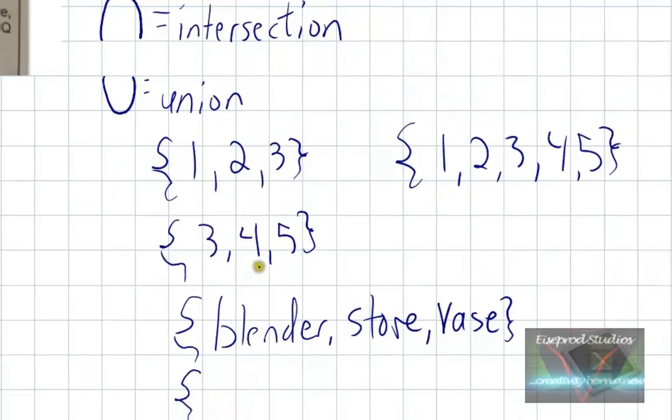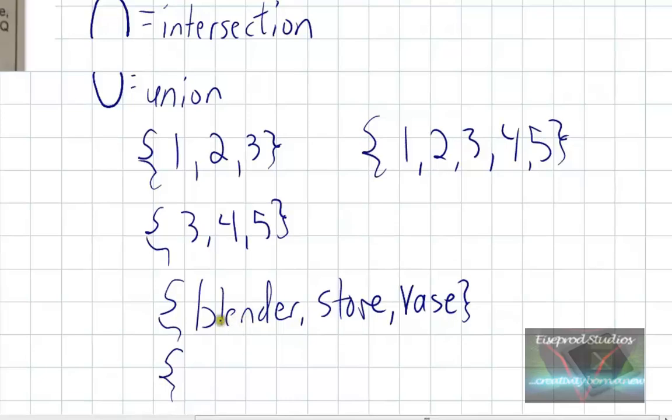And let's say the second person also has a vase, but they also have a microwave, and let's say they also have a mop.